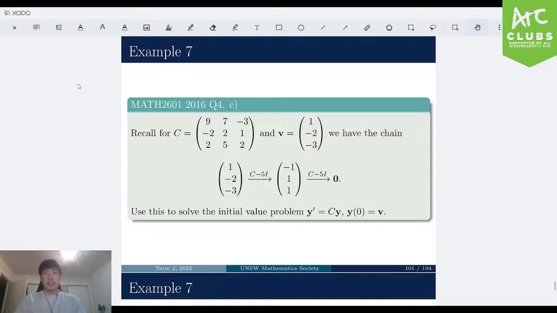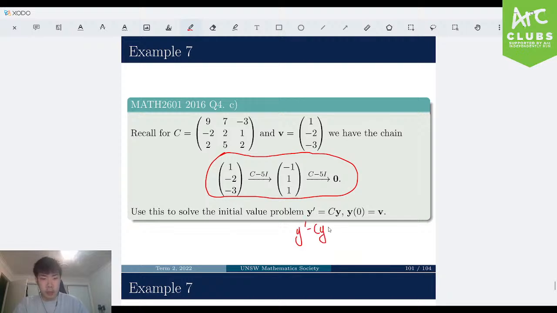Okay, so let's have a look at an example. Again, same matrix C, same vector v. From our calculations many times before already, we know that the Jordan chain for lambda equals 5 is this. And we want to solve this homogeneous differential equation with this initial condition.